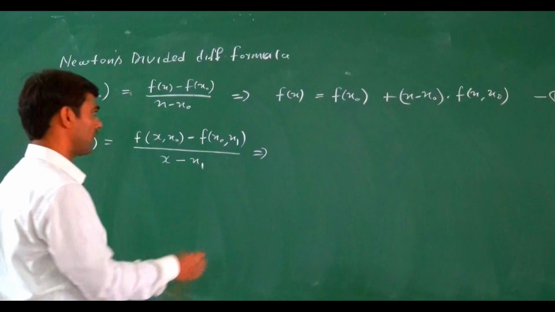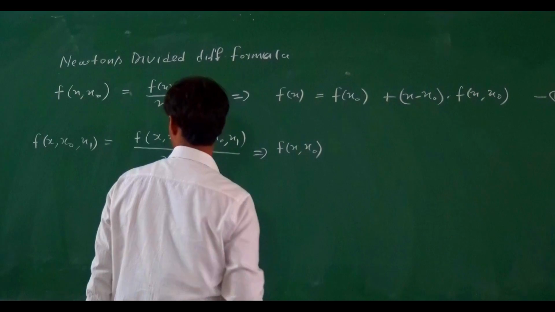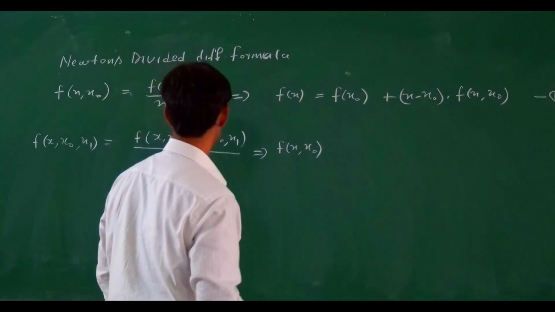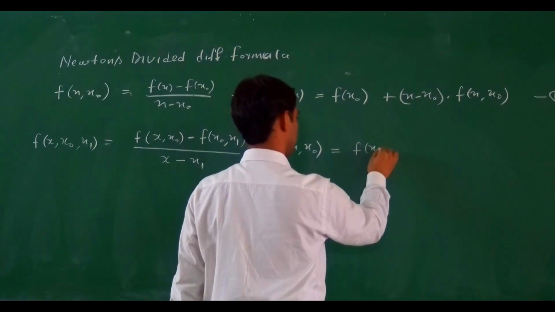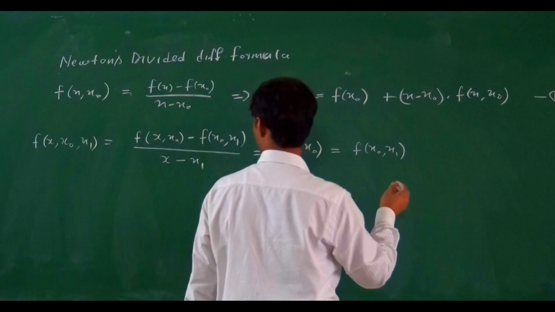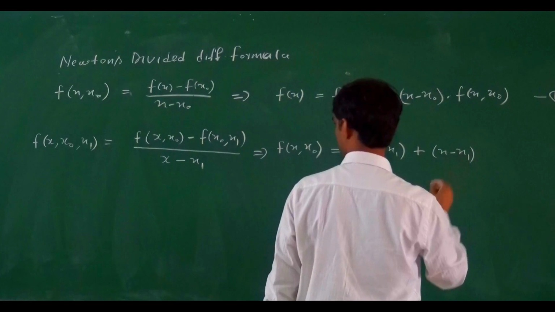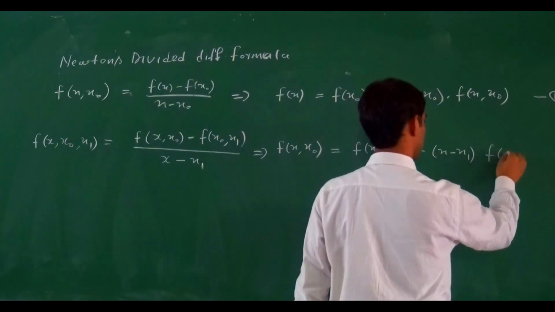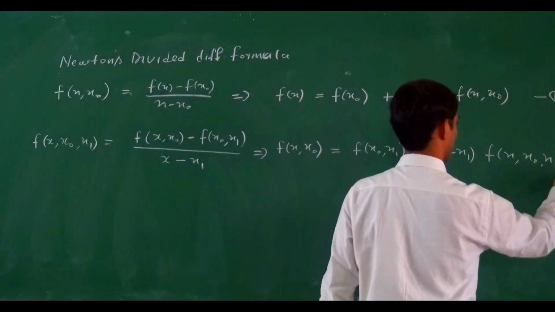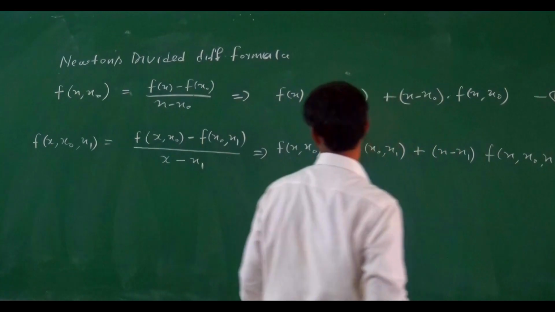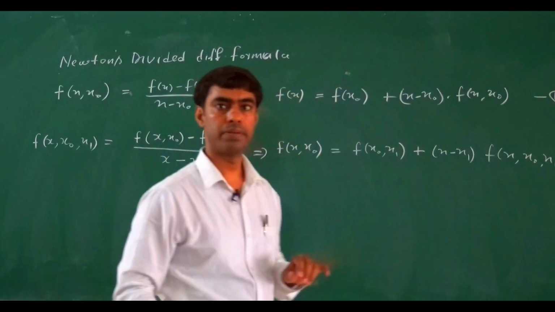This equals f of x0, x1 plus x minus x1 f of x, x0, x1. So from equation 2, put the value of f of x, x0 in equation 1.